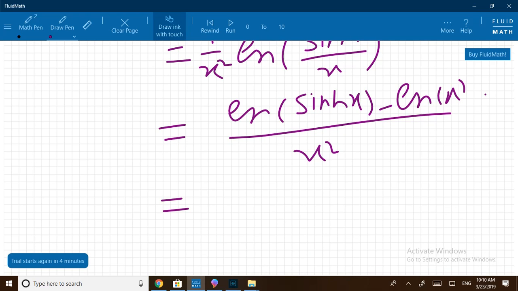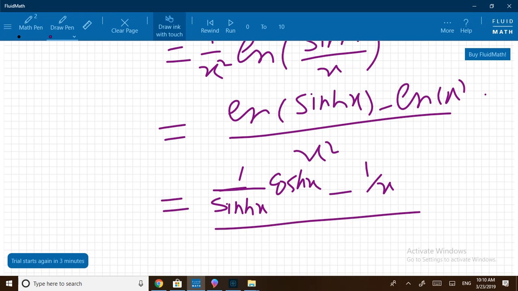So the derivative of natural log of sine hyperbolic x is 1 over sine hyperbolic x times the derivative of sine hyperbolic, which is cos hyperbolic x, minus the derivative of natural log of x, which is 1 over x. The derivative of x square is 2x.